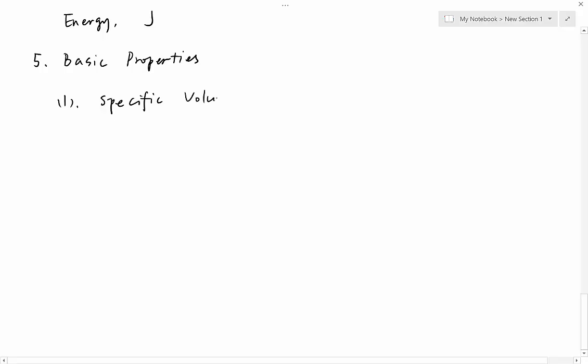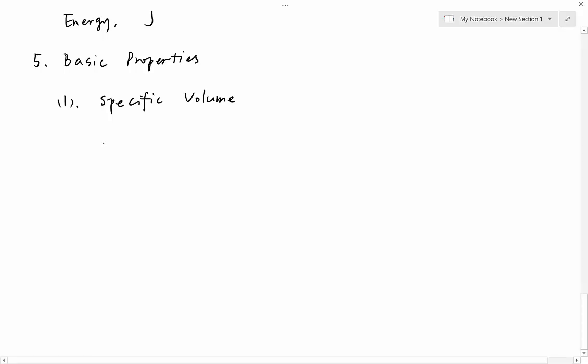Okay, next one. What are the basic properties we're going to use in this class? The first one we're going to introduce in this class is called specific volume. This is probably something new, but it's actually very straightforward.